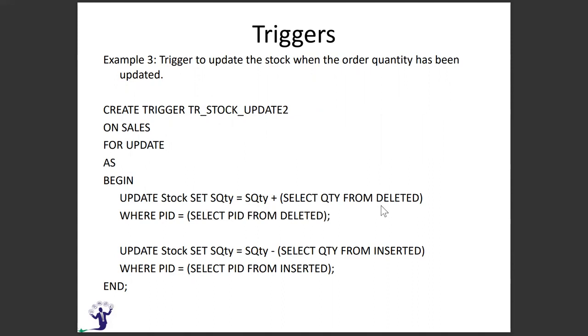So whatever you have deleted, select the quantity from that, add it to your previous quantity, where your PID is the PID that you are deleting it from. Vice versa is also there: either you can add or you can subtract, and it will do the respective statement. Your stock quantity would be updated.